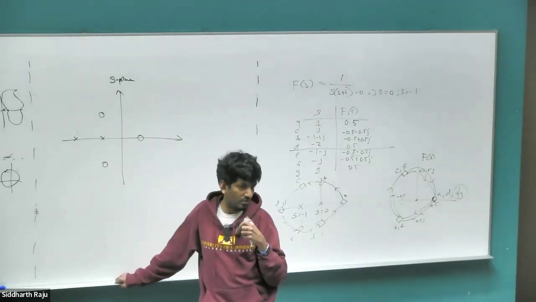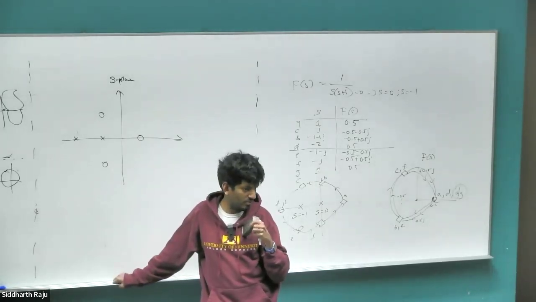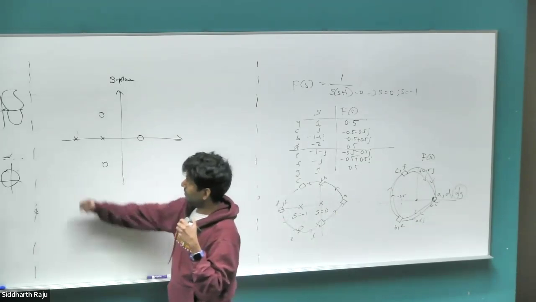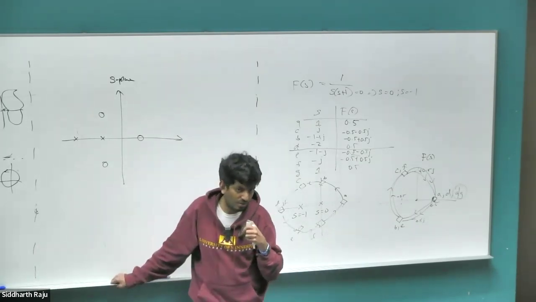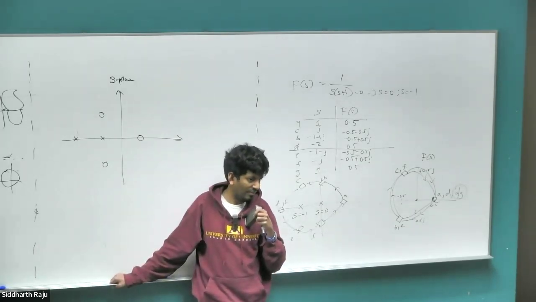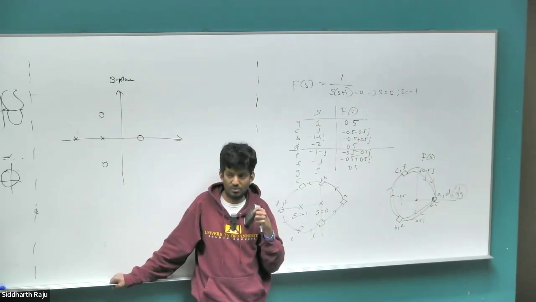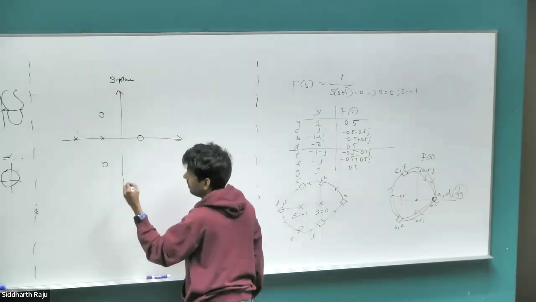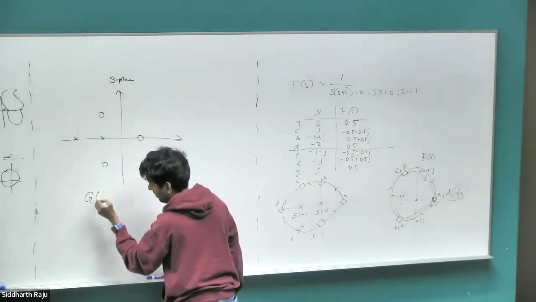Unstable? Why is it unstable? Poles in the left half plane. Is there a problem though? Shouldn't the poles be in the left half plane, because you want the negative term in the exponent, e to the power negative alpha t? So let me ask for three different cases.